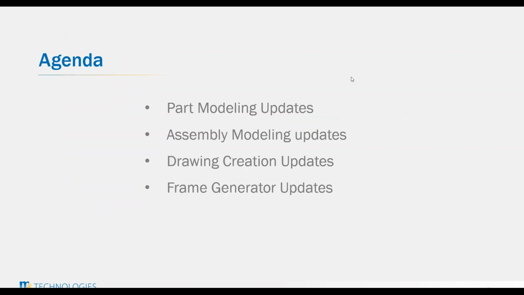The agenda will be the part modeling updates. We'll talk about the assembly modeling updates, drawing creation updates, and frame generator updates. Some of the main components, so to speak, of Inventor.